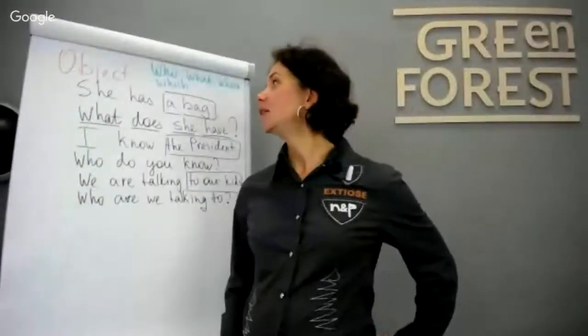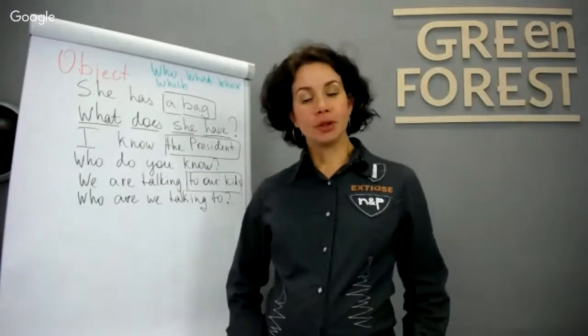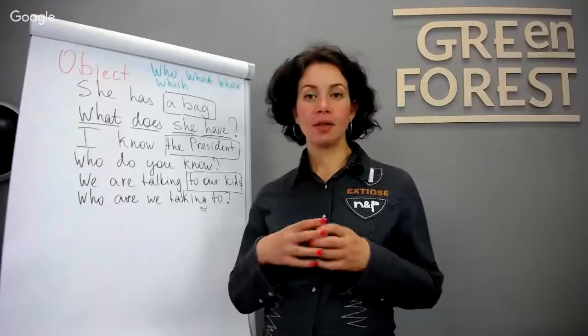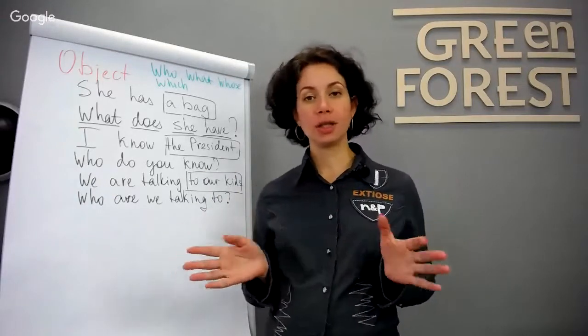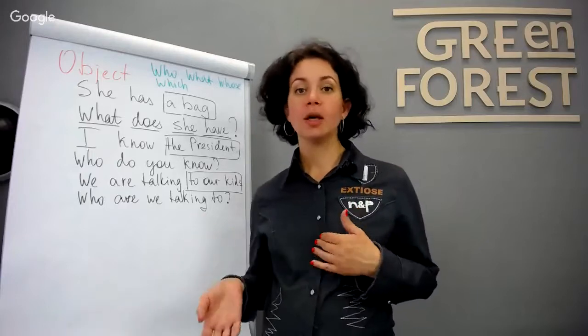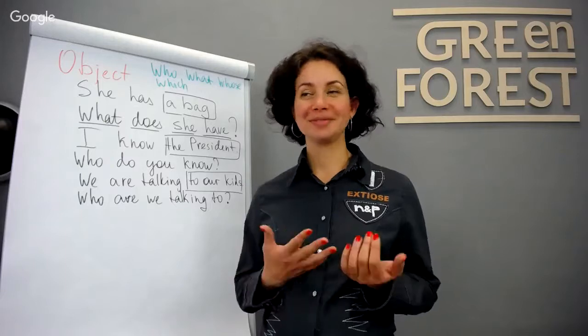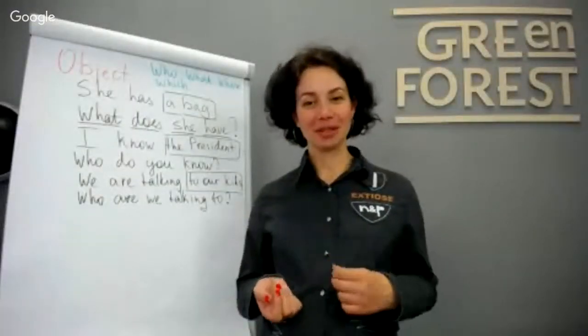So we discussed with you object and subject questions. When we want to create a subject question, we just use who or what and then the full sentence without any auxiliary verbs, no changes in the word order. Who helped you? What have you got is the object question.